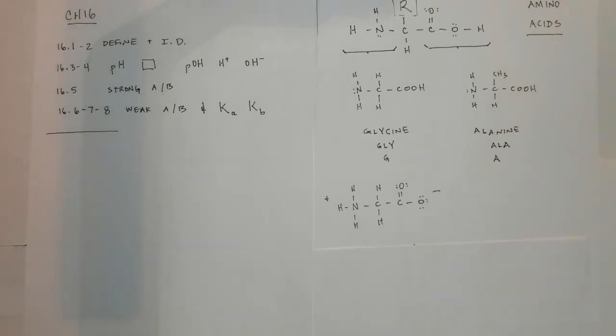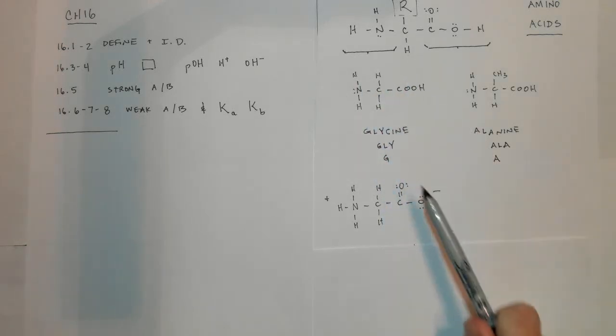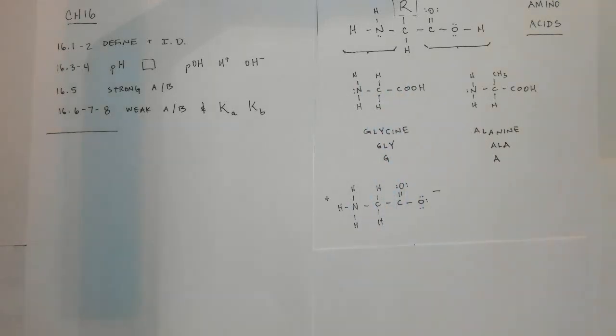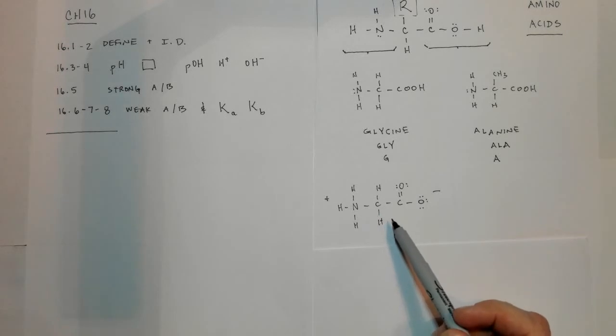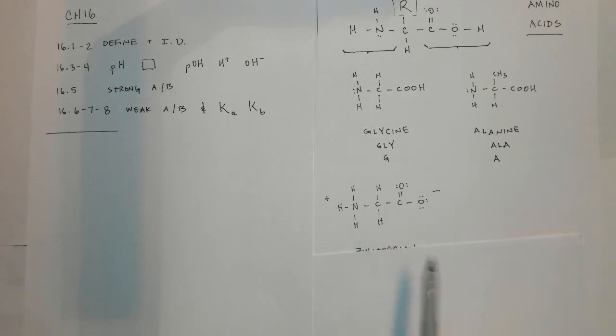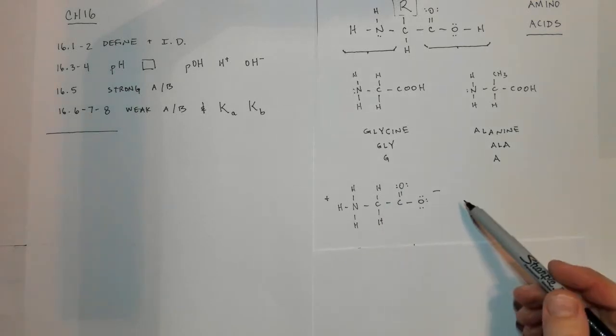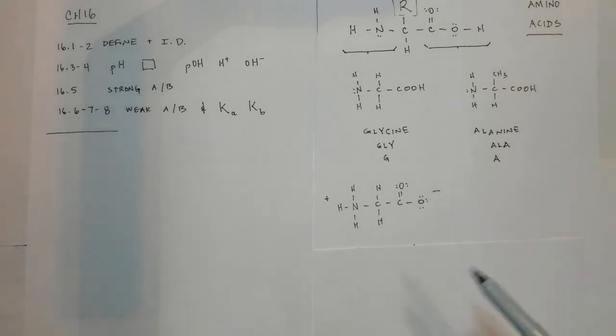Experimentally, you might want to know, well, does it actually exist like this, or does it actually exist like this in solution or in a crystalline solid? And when you look at amino acids in solid form, many times they form solids as ions with some anion or cation that's attached to it.